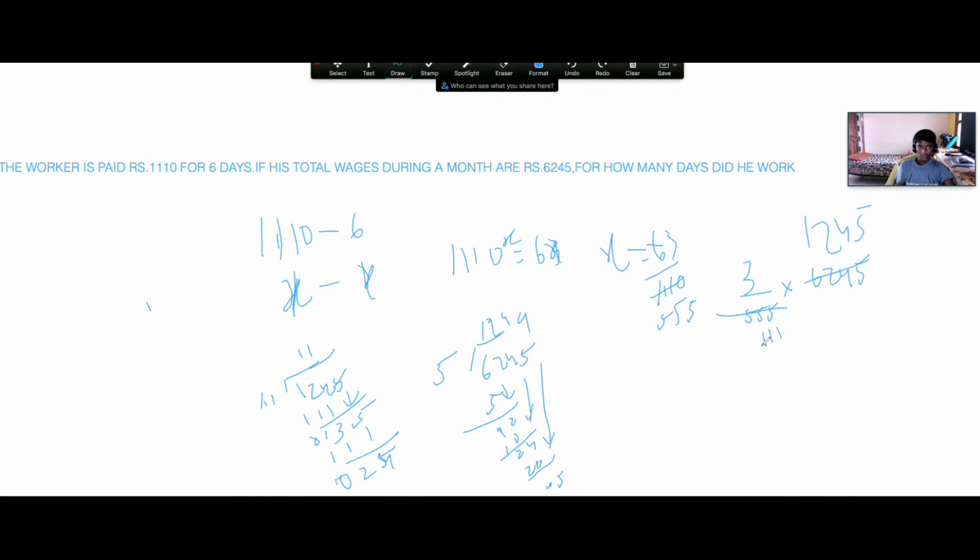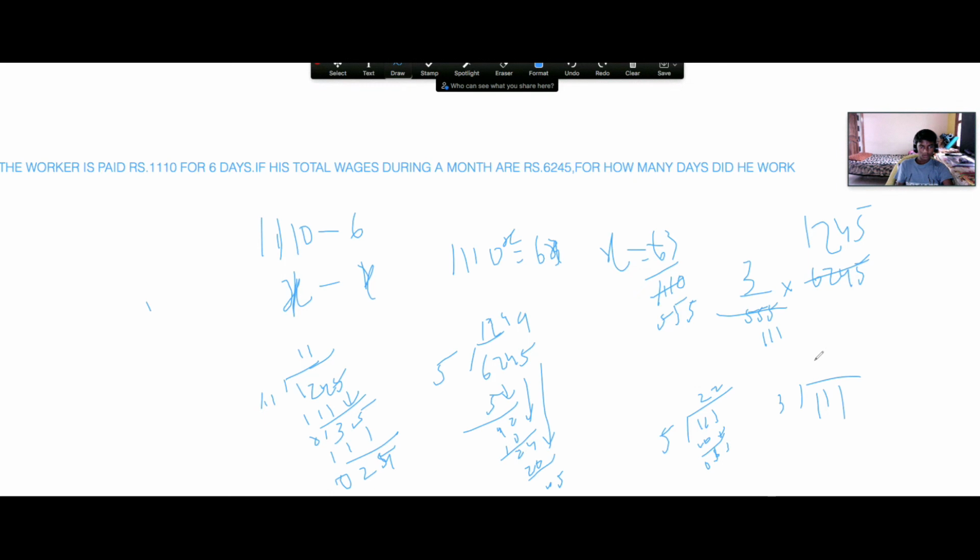So that's it, friends. So here we can't do like this. So let's try with 5 table. 5 2s are 10. So what if we try with 3 table?